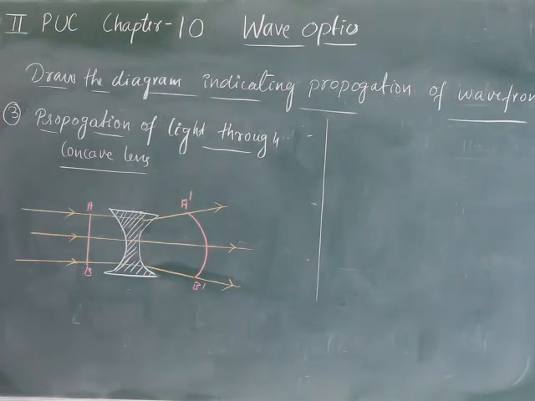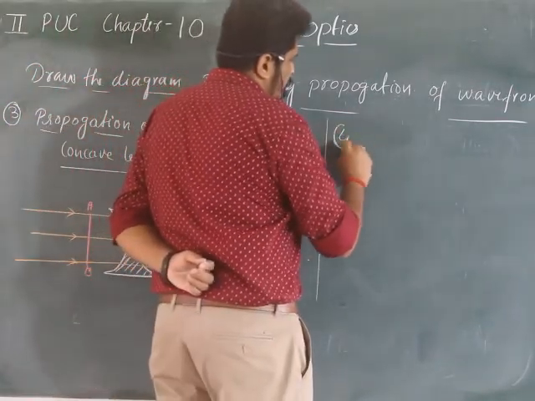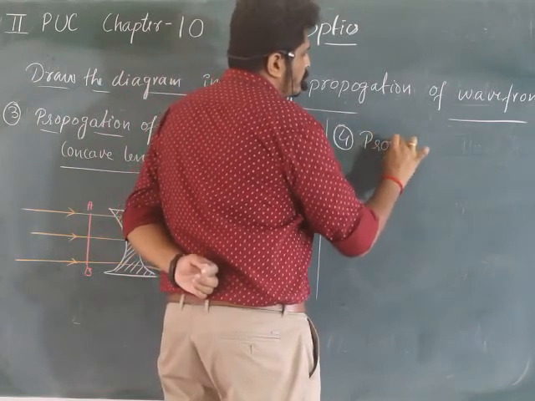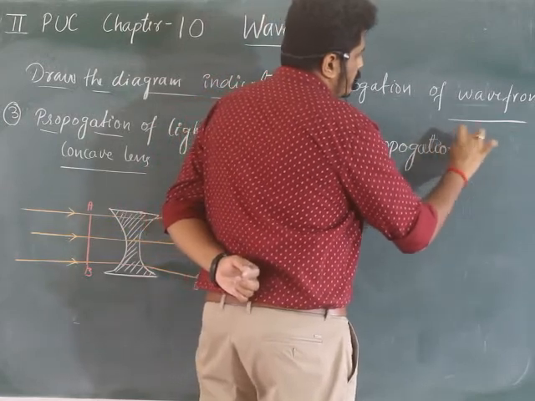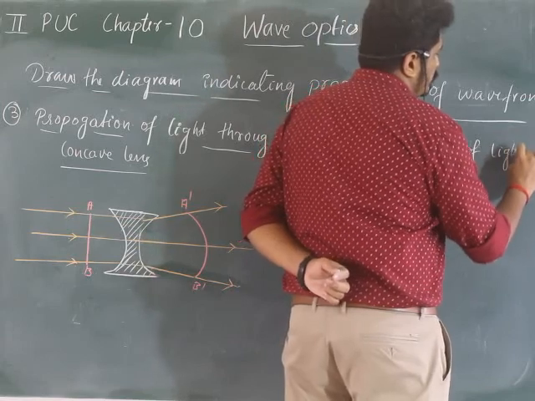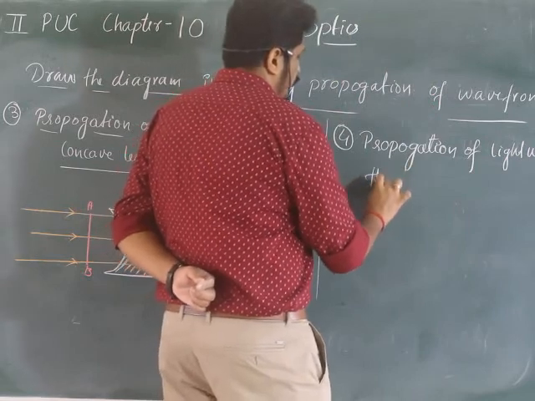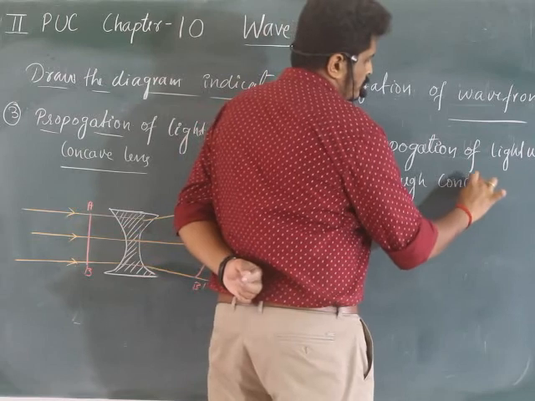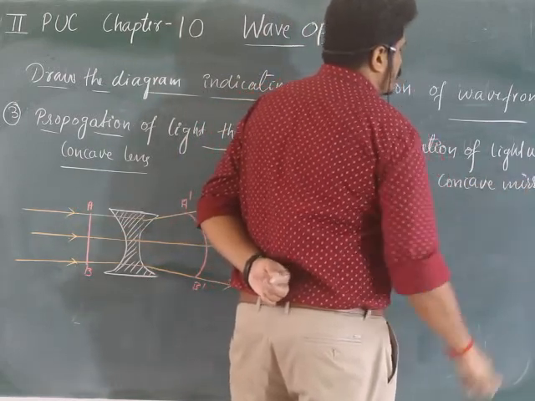So it is the fourth diagram. Draw all the diagrams neatly, okay? Propagation of light wave through concave mirror.